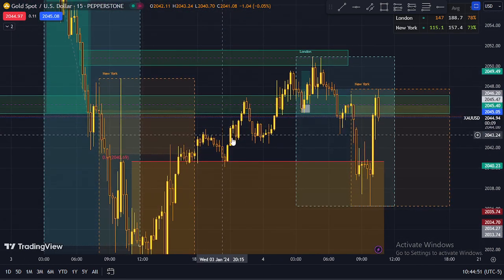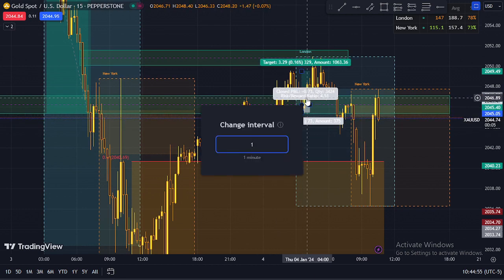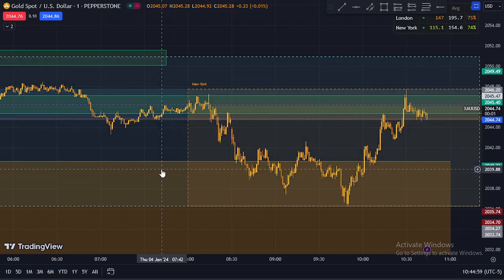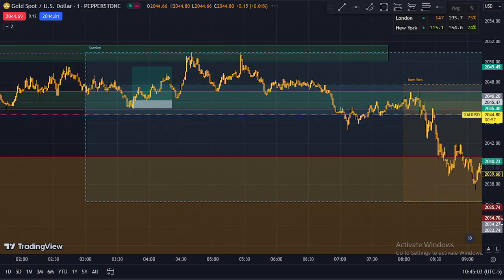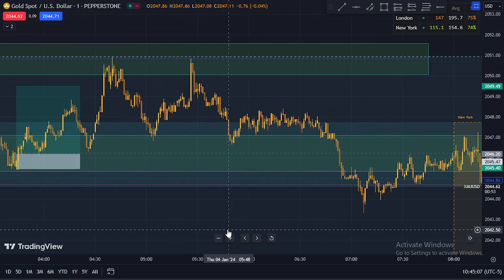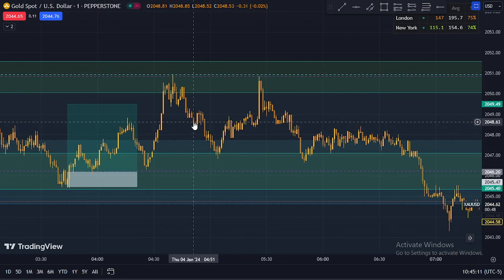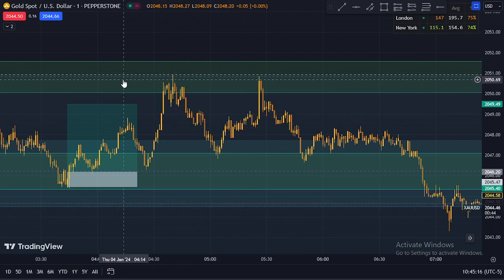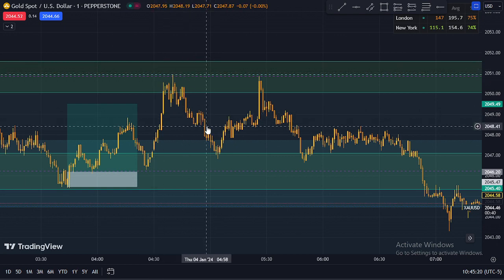So if you go into the 1 minute chart, see how those entries would have been. As you can see, there was no candle close above the upper half of that inefficiency.